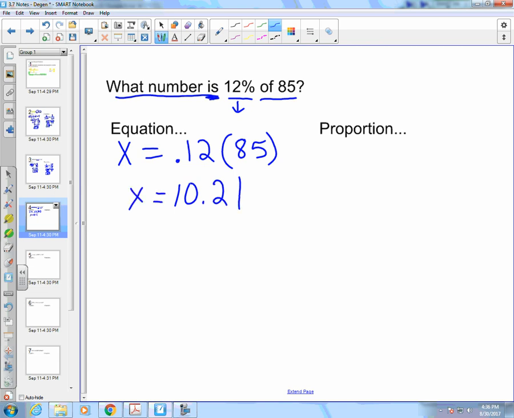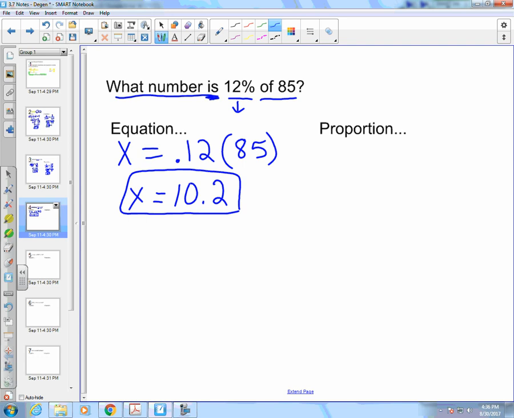No percent sign behind that. 12% of 85 is 10.2. That's like saying you got 12% on an 85 question test. You got 10.2 questions right.